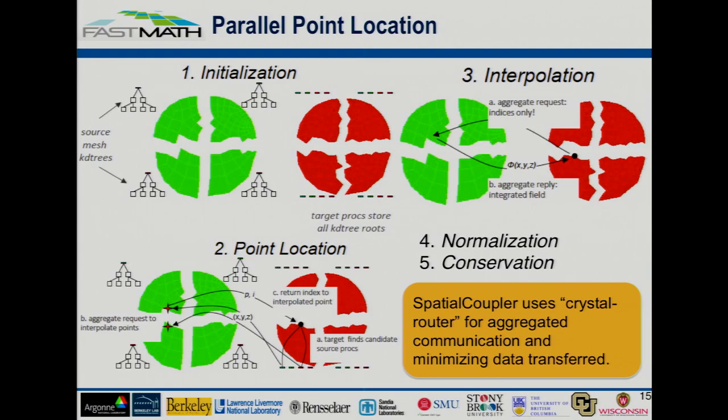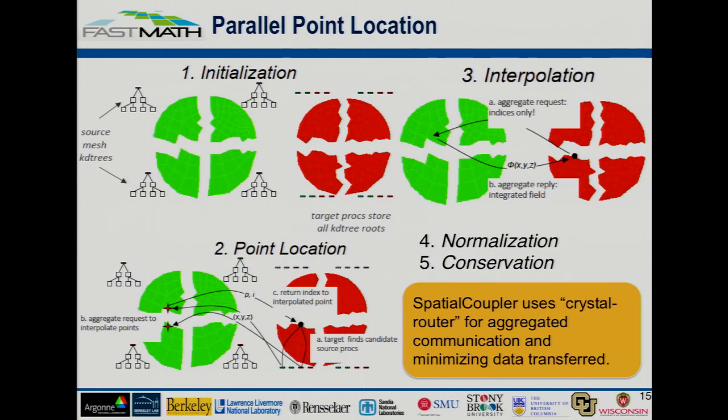In order to compute the actual solution itself, the source mesh points are actually located on the target mesh. So we create a bounding box hierarchy in order to initialize a sort of discretization of the points itself and build a KD tree based on that.